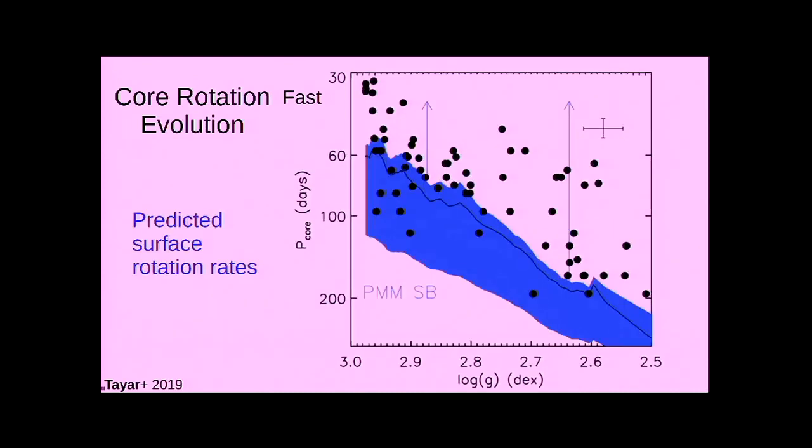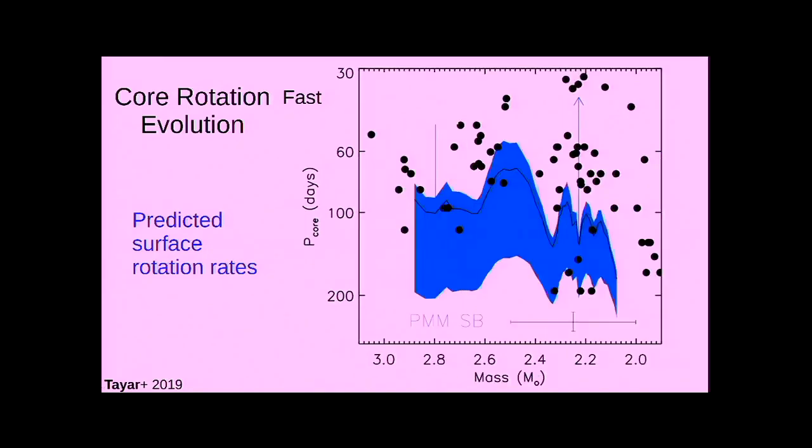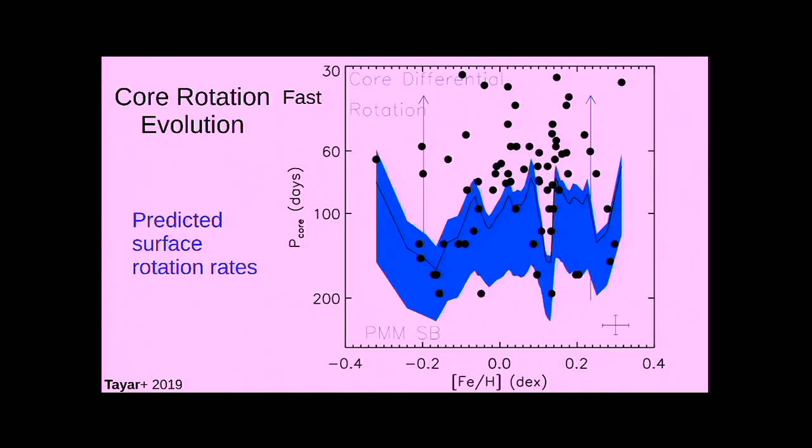But if you do have a model, you can predict what the distribution of surface rotation rates should be for these types of stars. And you find that they are indeed spinning down, but they're maybe a little bit slower than the cores that we're measuring. And you can look at whether this is some function of stellar mass. Doesn't really look like it to me. Whether this is some function of metallicity.